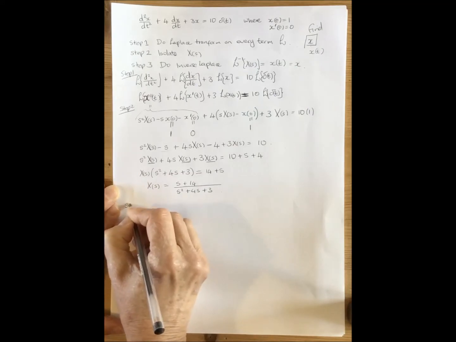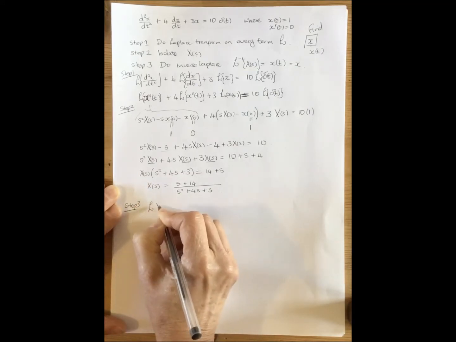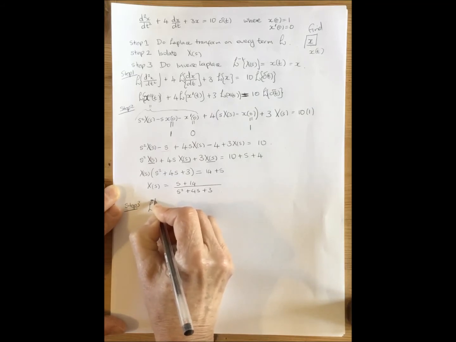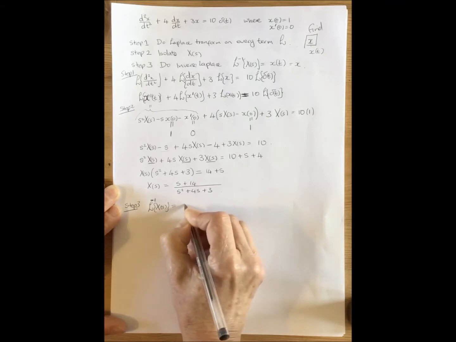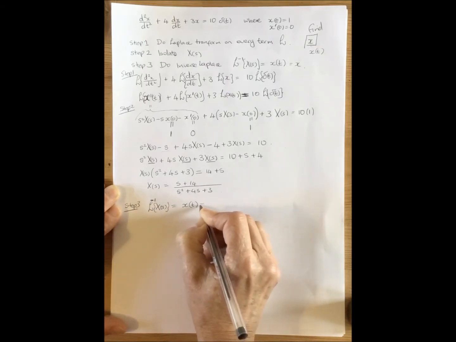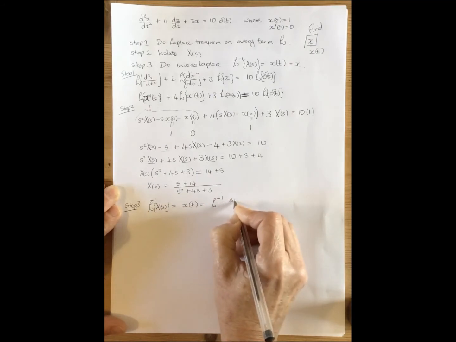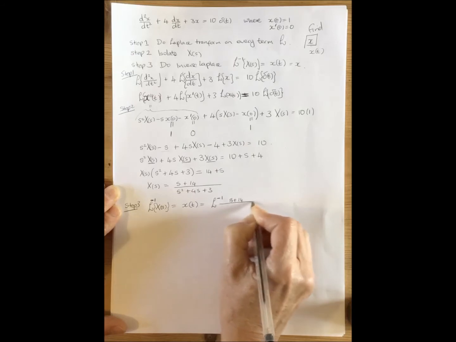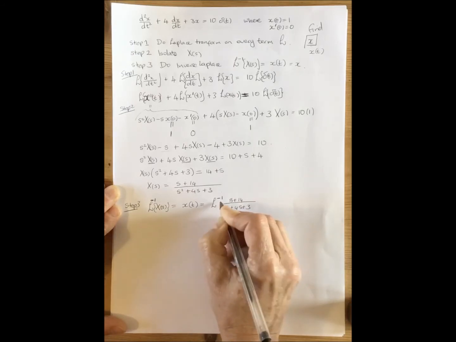And now we're at step 3. We have to do the inverse Laplace transform, L to the minus 1 of X(s), and that will give us little x of t, which is what we're looking for in the question. That is the inverse Laplace transform of (s plus 14) over (s squared plus 4s plus 3).